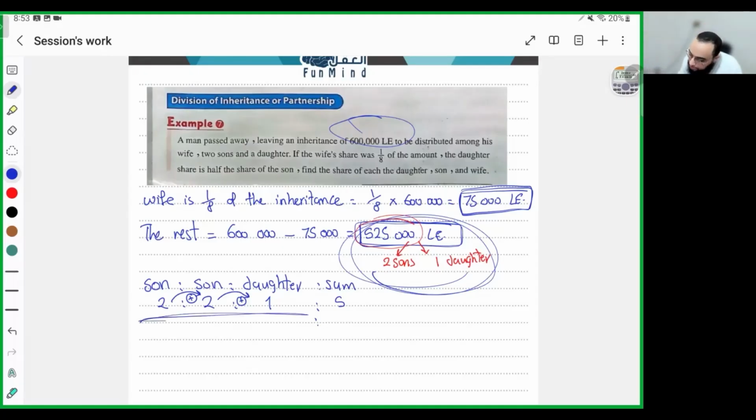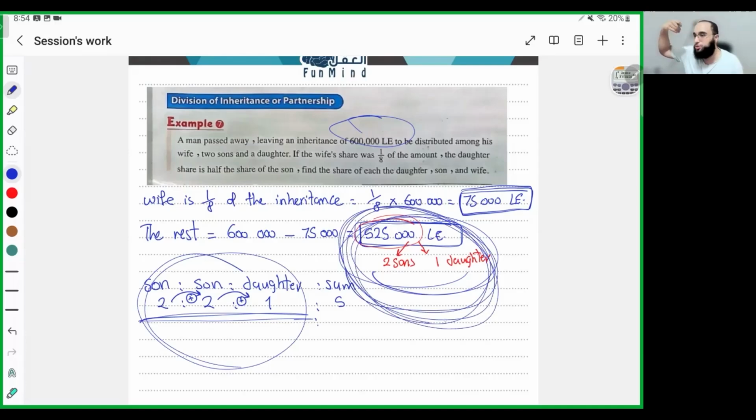This ratio is between the sons and the daughter. There is no wife here. Then we have to get the amount of money that we will distribute among the sons and the daughter only, without the wife. Okay?